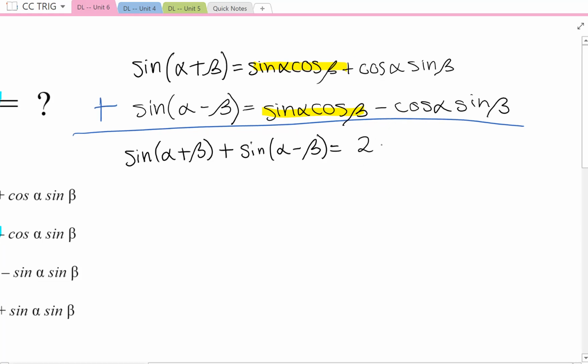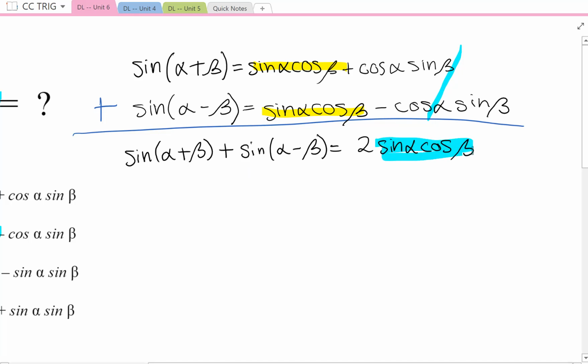So there are two of those. And positive cosine alpha sine beta plus a negative is simply 0. All right, now we have a third equation.